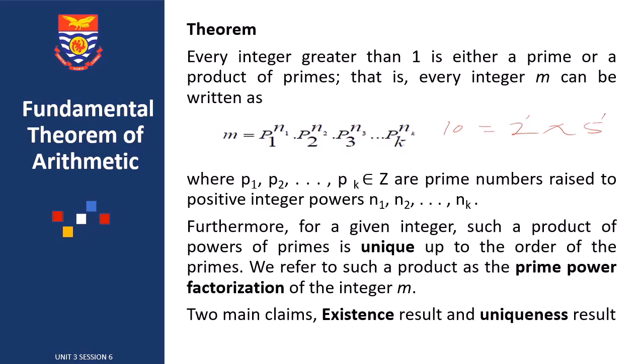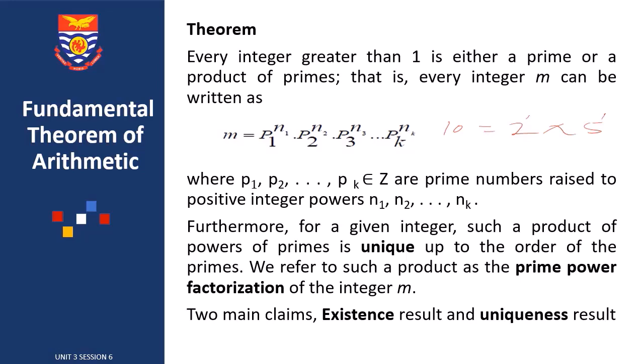That's the first one, the existence. And secondly, it is a uniqueness result, ensuring that every integer has exactly one such prime factorization up to the order. We will see that an integer's unique prime factors play a pivotal role in understanding and proving many insights into the properties of integers.